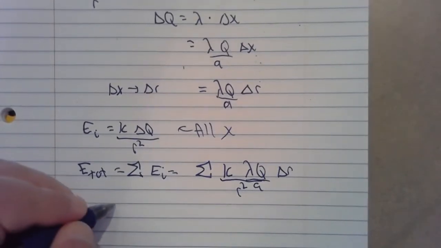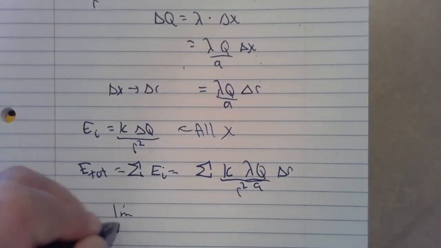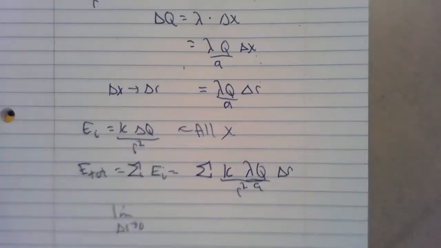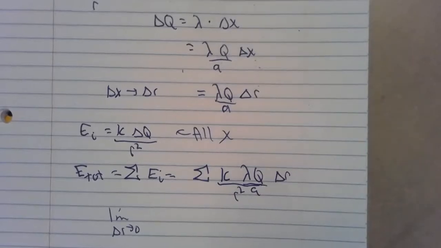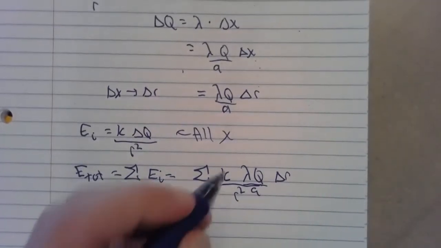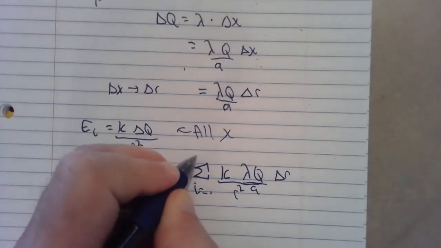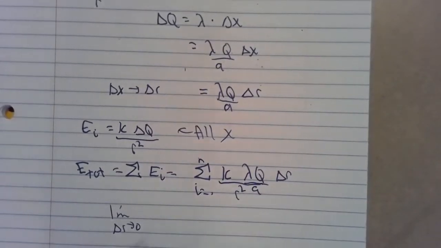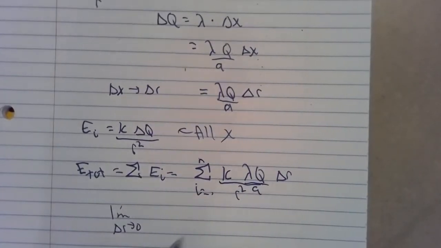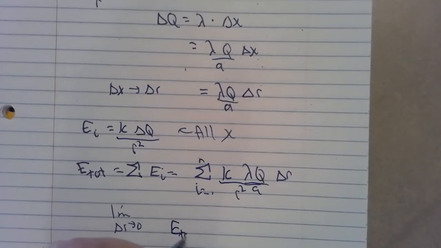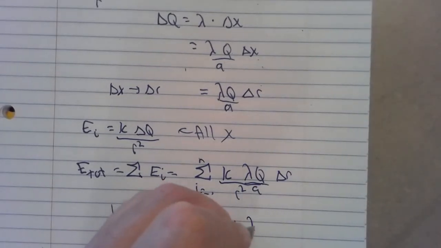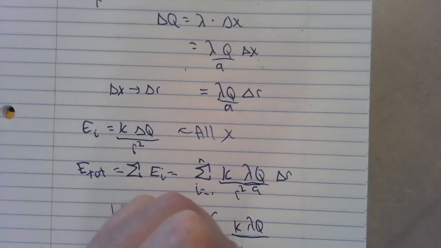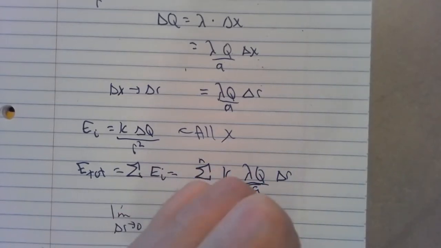I take the limit as delta r approaches 0, meaning we're taking an infinite number of slices, n going to infinity, if I think i equals 1 to n. And then this sum becomes an integral. E total will be the integral of k, q over a, over r squared, dr.